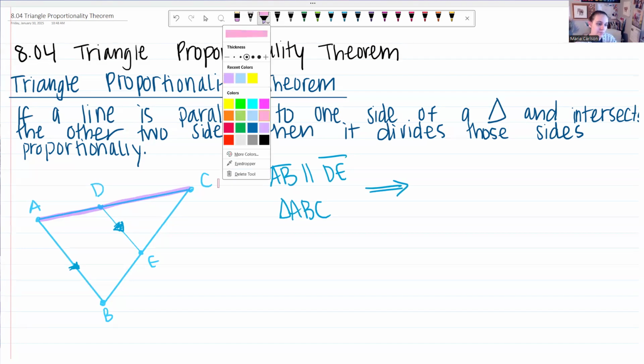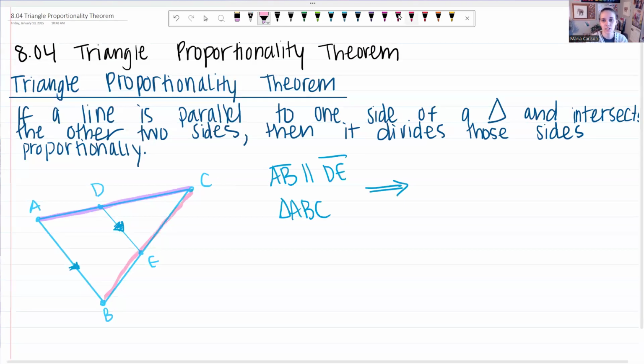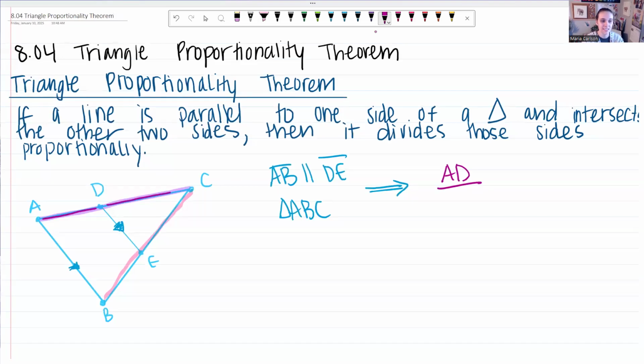divides BC. So what this really means is that the distance AD over DC, that ratio, how it's divided, is equal to BE over EC.